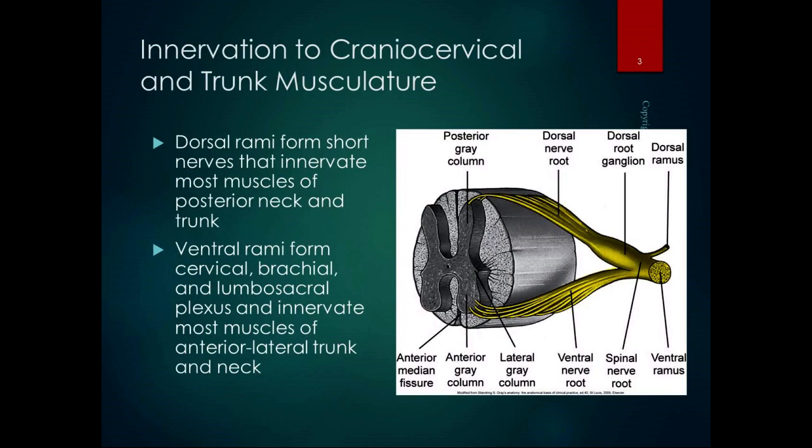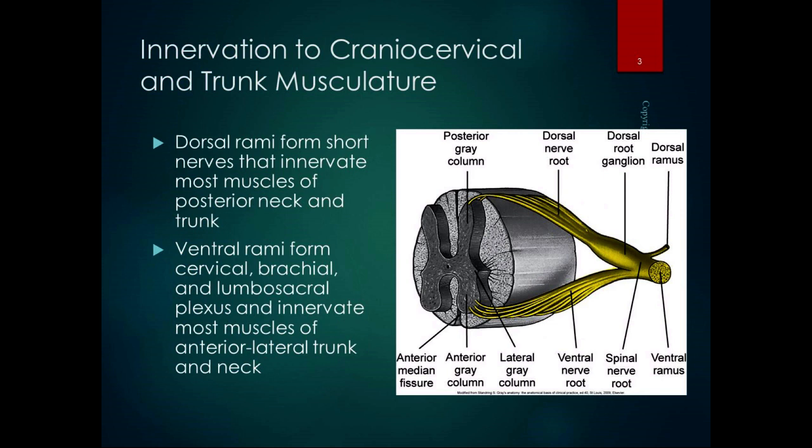So in terms of innervation to craniocervical and trunk musculature, it's a little bit simpler maybe than some of the innervation we've talked about in the extremities. The dorsal rami of the spinal nerves form short nerves that innervate most of the muscles of the posterior neck and trunk. And the ventral rami form the cervical, brachial, and lumbosacral plexuses that innervate most of the muscles of the anterolateral neck and trunk.